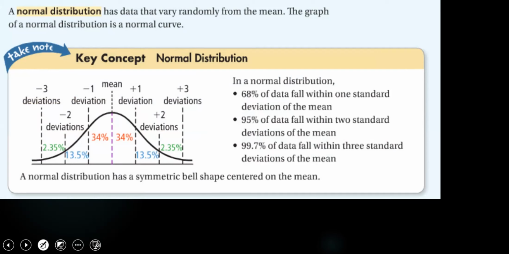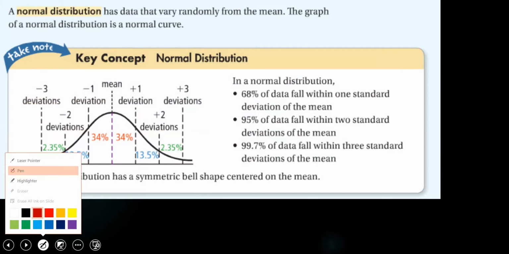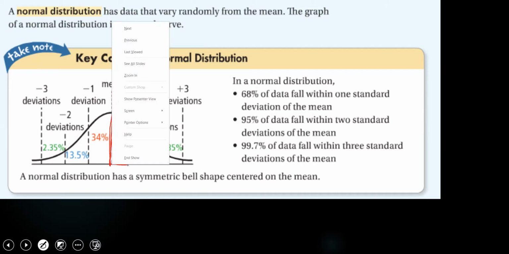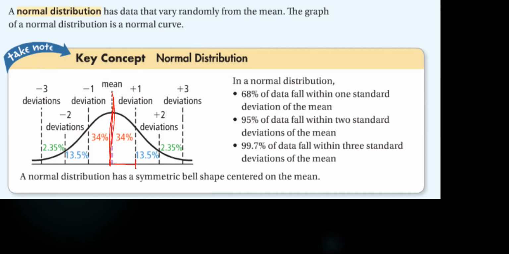Now, as you see here, they put standard numbers. The standard numbers are for all of the normal shapes. That is the mean. Now, 1 standard deviation from the mean, 2 standard deviations from the mean, 3 standard deviations from the mean, and also here 1, 2, and 3.